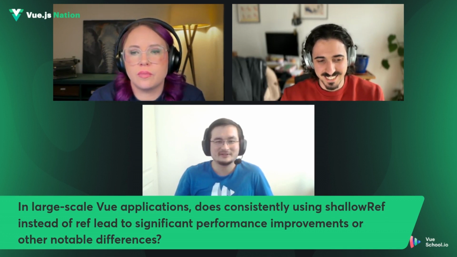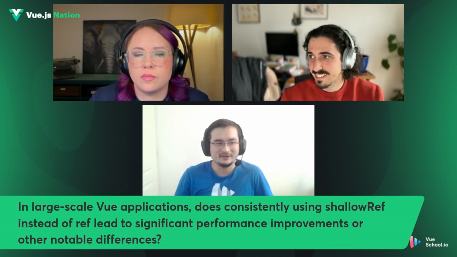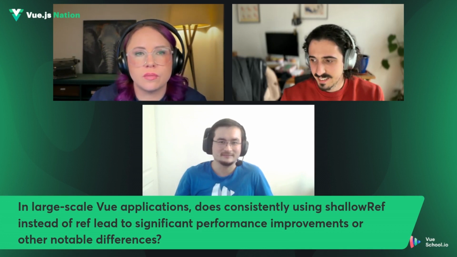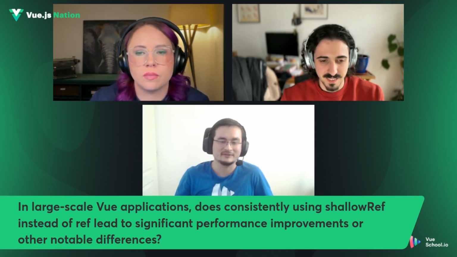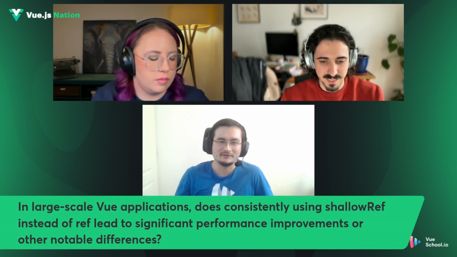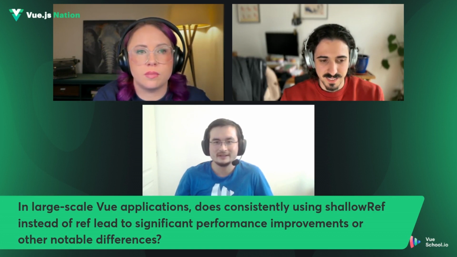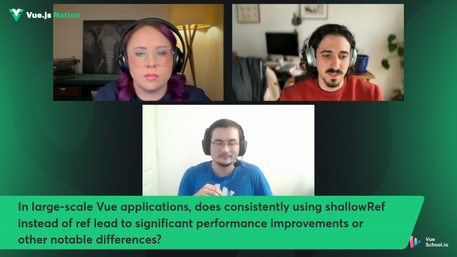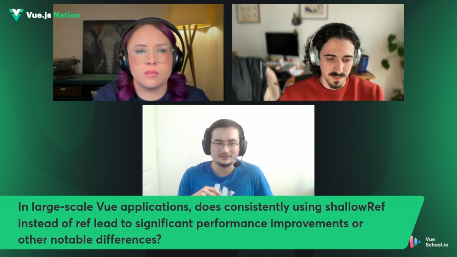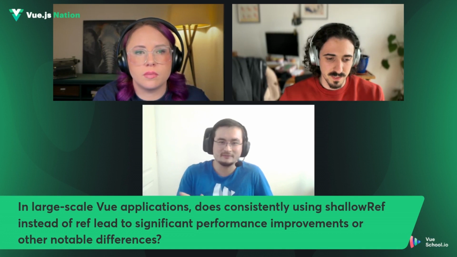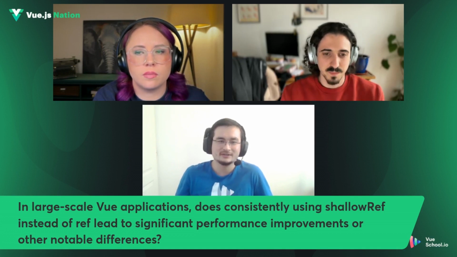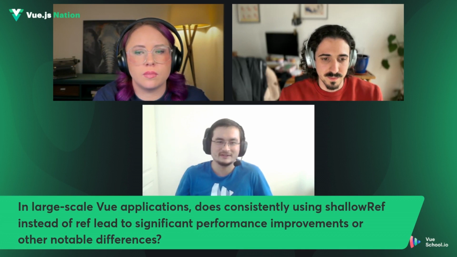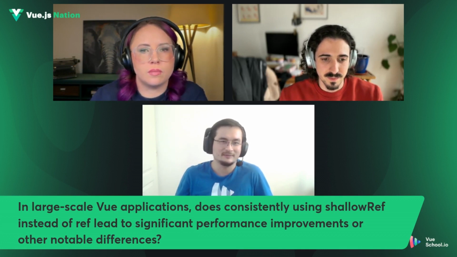because if you're talking about having a huge object to handle, it definitely makes a difference. shallowRef and shallowReactive only make the root value reactive, and not the nested properties and nested objects.